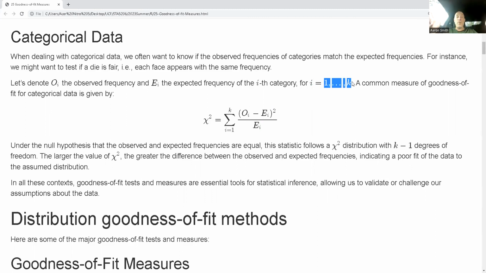Under the null hypothesis that the observed and the expected frequencies are equal, this statistic follows a chi-square distribution with k minus 1 degrees of freedom. K is the number of levels that we have for our categorical data. The larger the chi-squared, the greater the difference between our observed and expected frequencies. So a large chi-squared indicates a poor fit of the data to the assumed distribution.